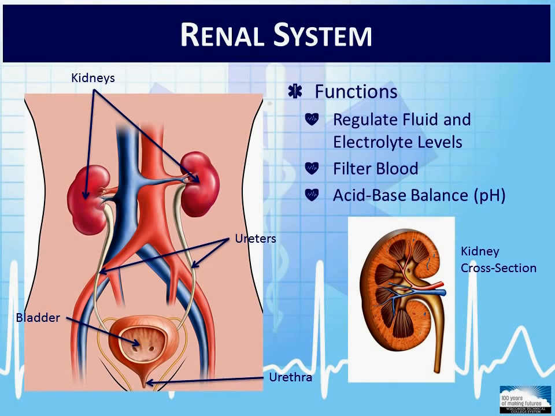These waste products are commonly a substance called urea, which is responsible for giving urine its yellow color. The kidneys are also responsible for removing other toxins, including drug metabolites, which is why individuals on certain prescription medications must have their kidney function monitored routinely to ensure the kidneys are not being damaged by the medication.